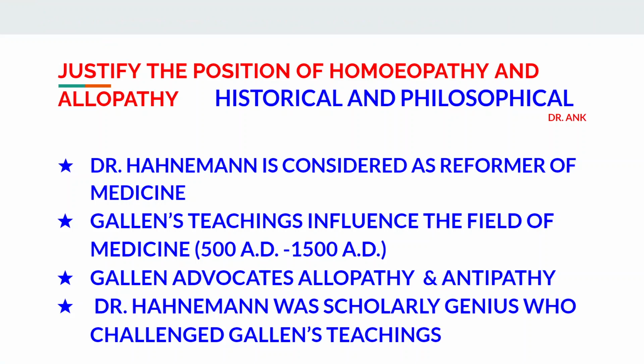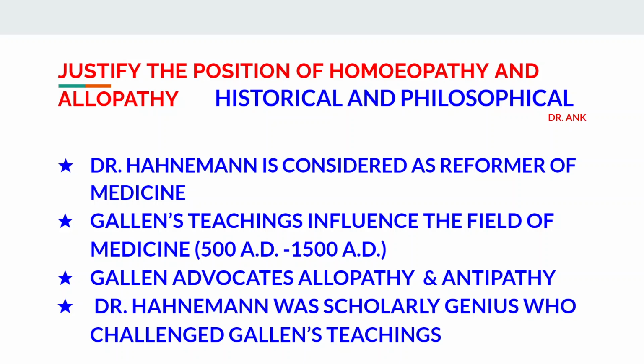So the first aspect is historical and the second aspect is philosophical. So we discuss the antagonism between homeopathy and allopathy, and justify the position of homeopathy and allopathy. This is divided into two aspects, historical and philosophical.